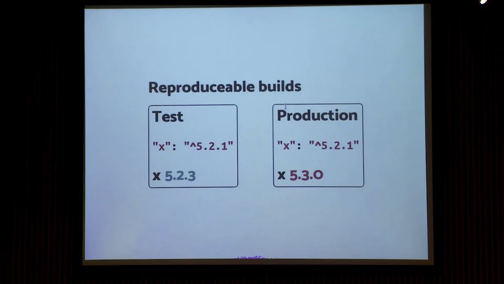And at that moment, the maintainer of X publishes 5.3.0, which introduces a new bug, and your production ends up installing that one because it went to npm to figure out what the recent version is, and everything breaks, and your users are really unhappy, and you did everything right. You tested before you deployed, but you're still breaking your build.